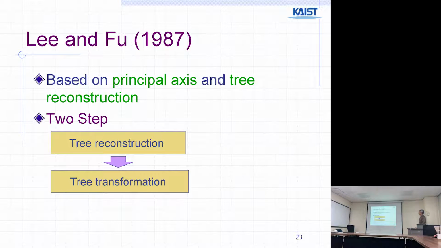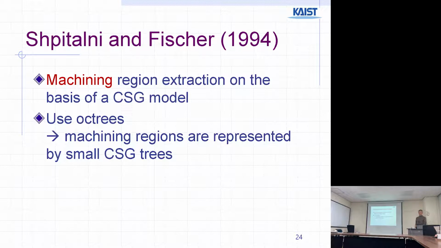Okay. So there are papers, also old enough. Principal axis and tree reconstruction. So they start from a CSG tree. CSG is reconstructed and transformed. And then another one is machining region extraction based on CSG and octree.